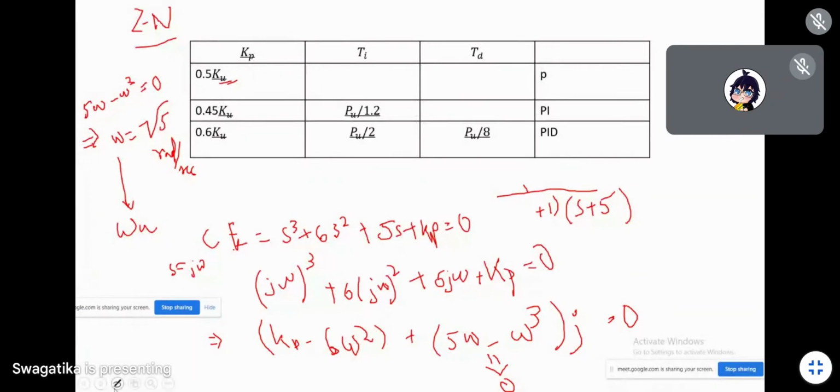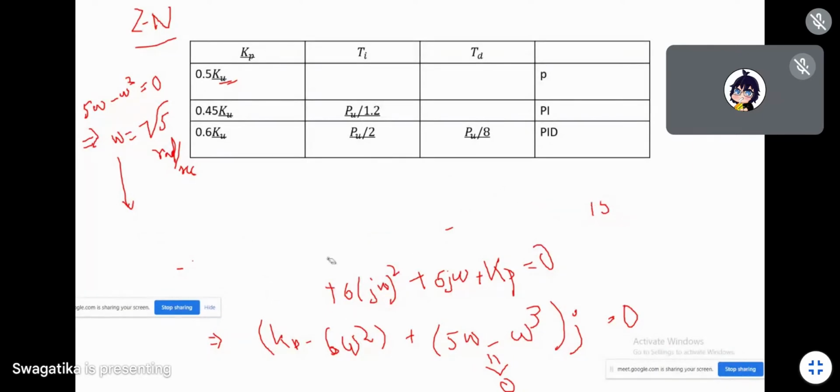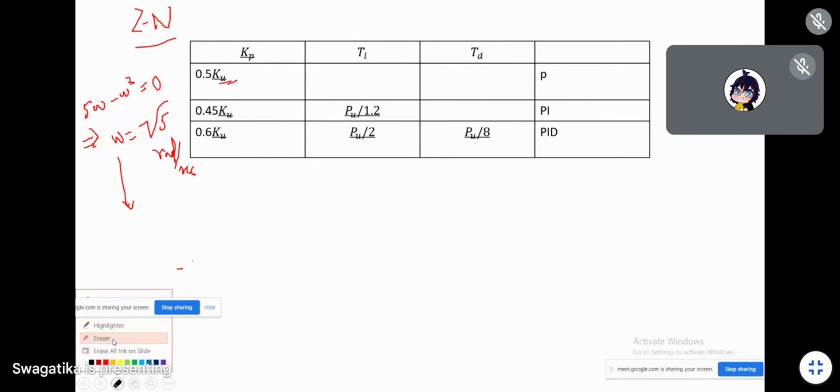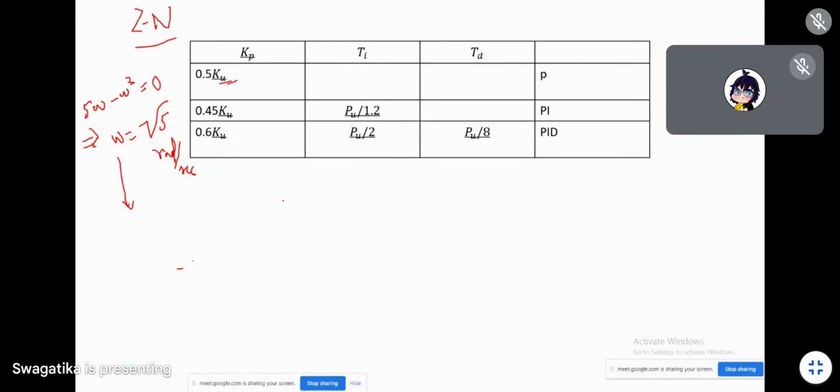While applying RH criteria, you can apply your RH criteria.